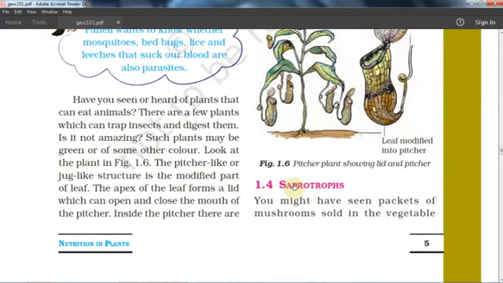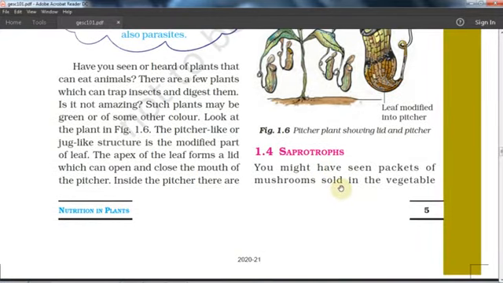Till now we have seen autotrophs, insectivorous and holozoic, and parasitic modes of nutrition. Now another type of mode of nutrition we will be studying is the saprotrophic mode of nutrition, and those organisms which do saprotrophic nutrition are called saprotrophs.